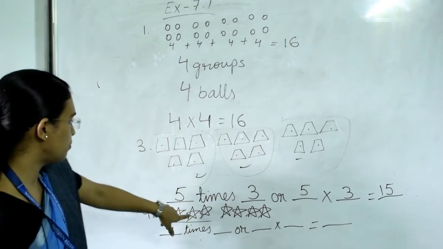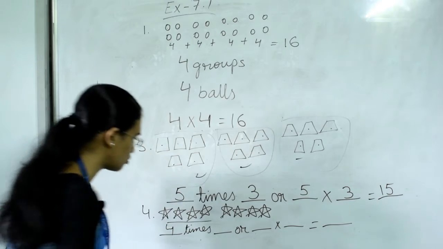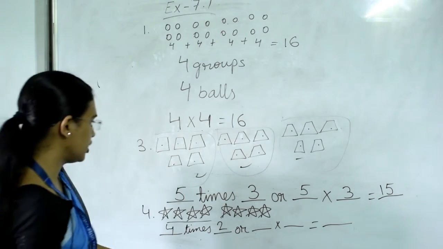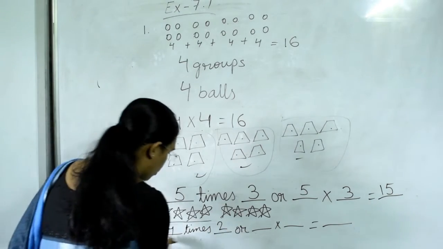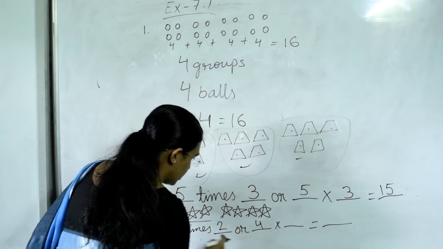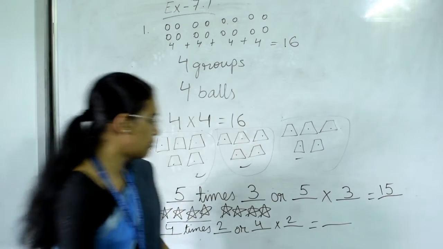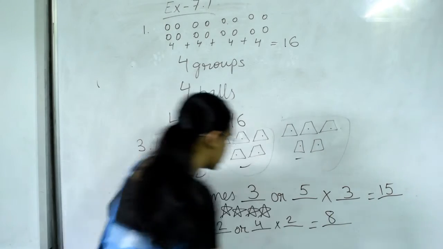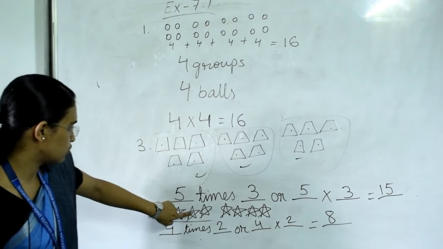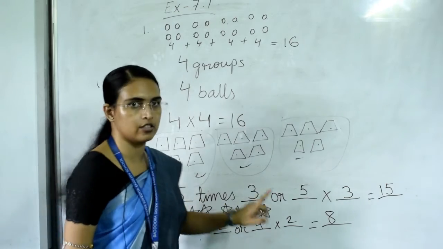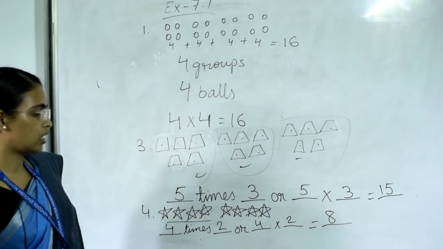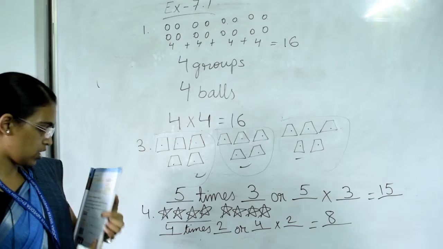And how many groups? 2 groups of stars, so write here 2, or you can write it this way, 4 into 2. 4 2s are, altogether we have how many stars? 4 2s are 8. Now count 1 2 3 4 5 6 7 8. So in this way you can solve these sums using multiplication.